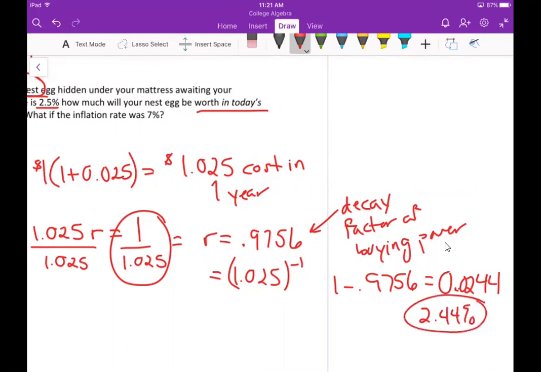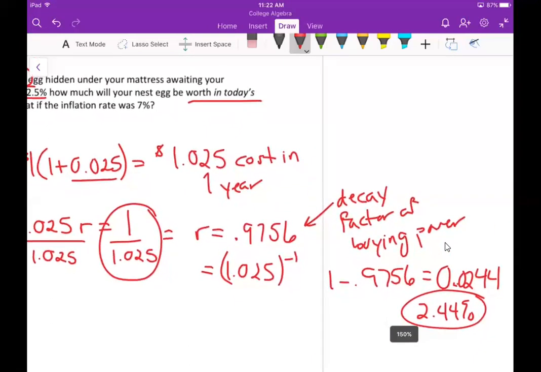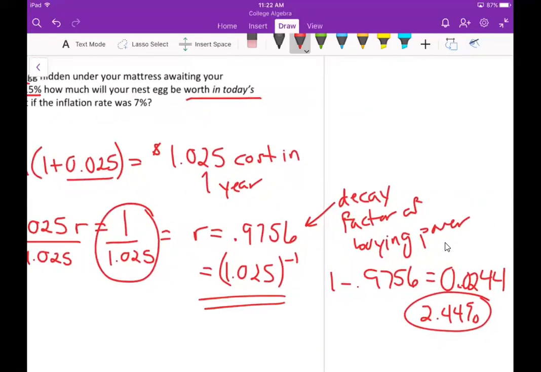So our buying power is going down at a rate of about 2.44% when we're seeing a growth rate in our cost of 2.5%. So you can see that those two percentages are not the same. So we do need to do that work to get there. But this right here will tell you exactly what's happening.